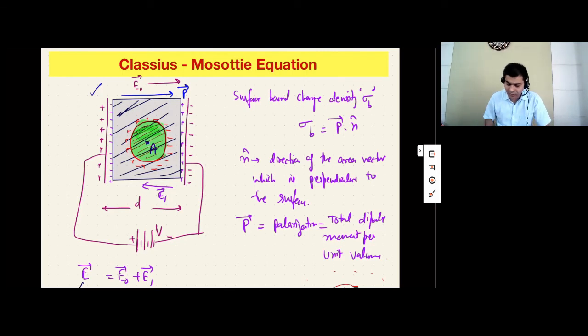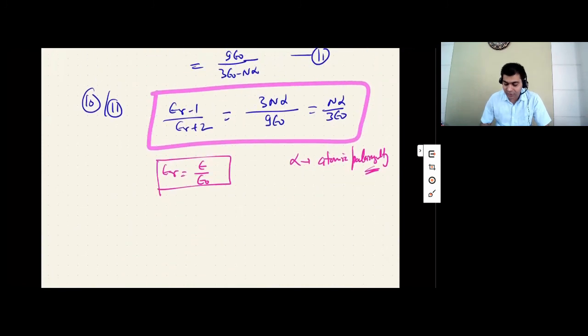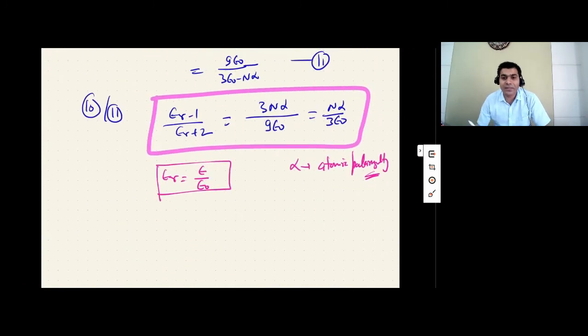For all those materials for which these assumptions are true, we get the Clausius-Mossotti equation, which is an extremely successful equation. It gives quite satisfactory results for most liquids and solid dielectric materials.